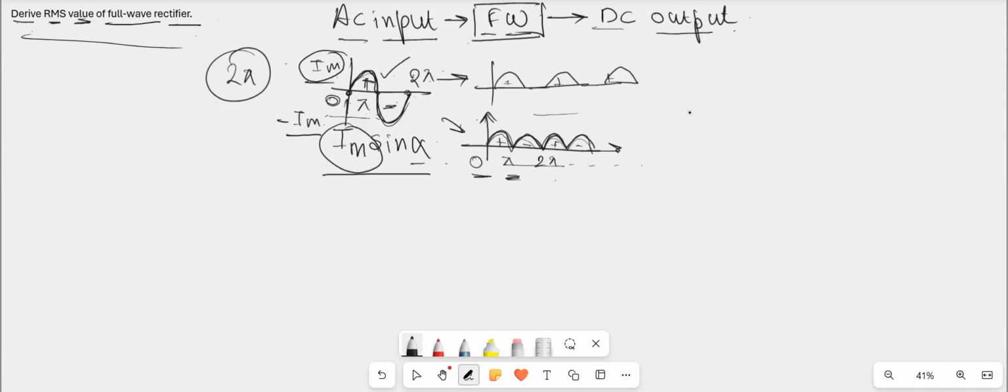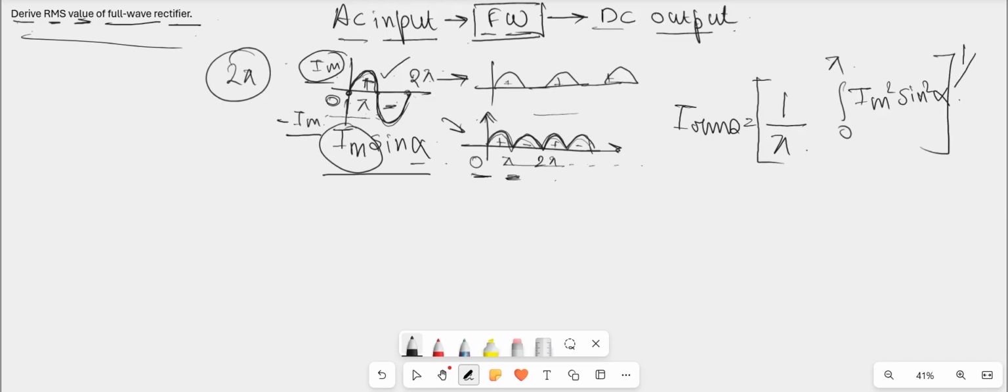So we can write I of RMS is equal to 1 by pi, because the time period is pi only, integrated from 0 to pi, as we are interested in finding the RMS value for this half cycle only, of Im square sine square alpha, and this whole value will be under the root.